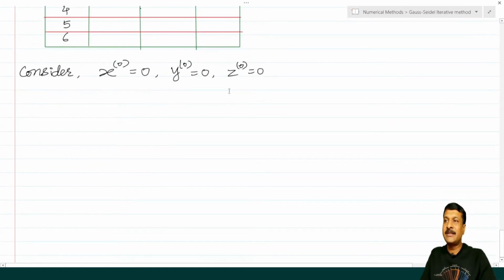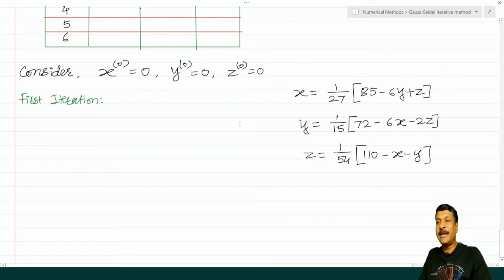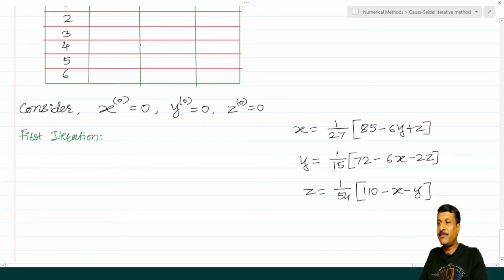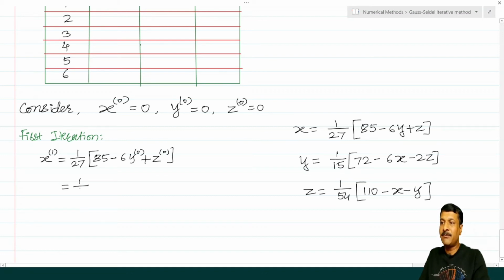So first iteration. So these are the values of x, y, z. So initially by this table you can see the values are 0, 0, 0. That is why first value at first position x, it is 1 by 27, 85 minus 6 at 0th position plus z at 0th position, and that is equal to 1 by 27 in bracket 85 minus 0 plus 0.